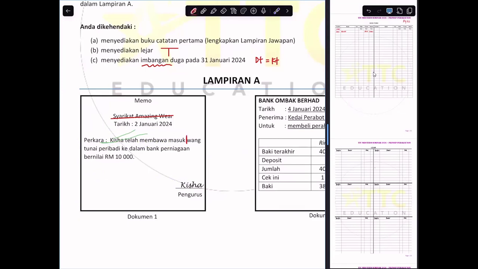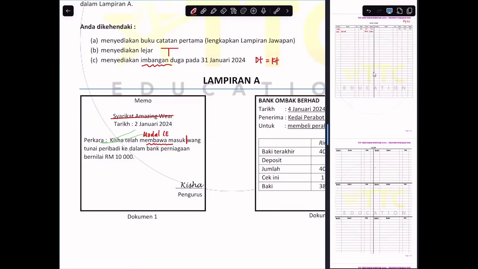Okay, stop here. When you see membawa masuk, what's the account? Don't be so rushed to copy the answer first. I will get you to take a picture of the answer later. Understand what I'm talking about first. Okay, yes, it is modal. And what is the classification of modal? EP.